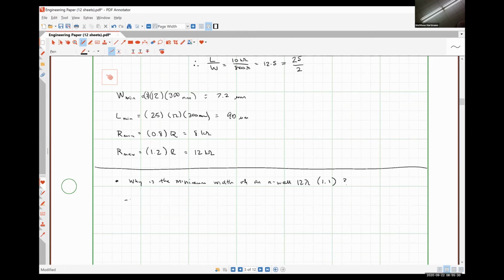So the answer to that is that our process engineers at MOSIS and the different foundries have established that the quality of resist patterning below this threshold does not meet the quality standards of the manufacturing process.